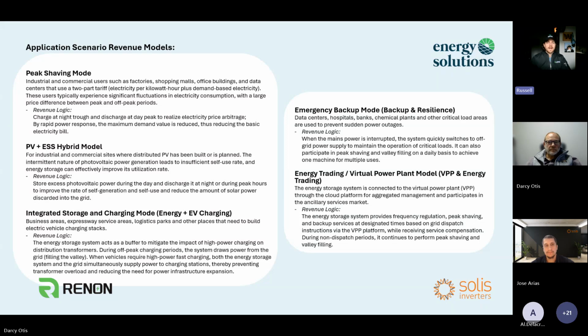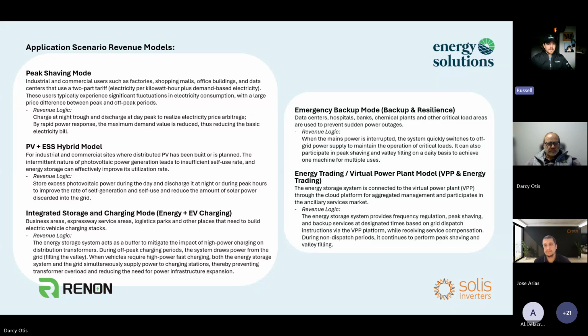This can be achieved even without a PV system. A lot of the time there's value in having a PV system that will charge your batteries and allow you to discharge when energy is needed, or you can leverage it without solar, just for pure energy arbitrage, in order to generate value from the difference in cost of energy when you sell back to the grid or when you store it for your own personal use.